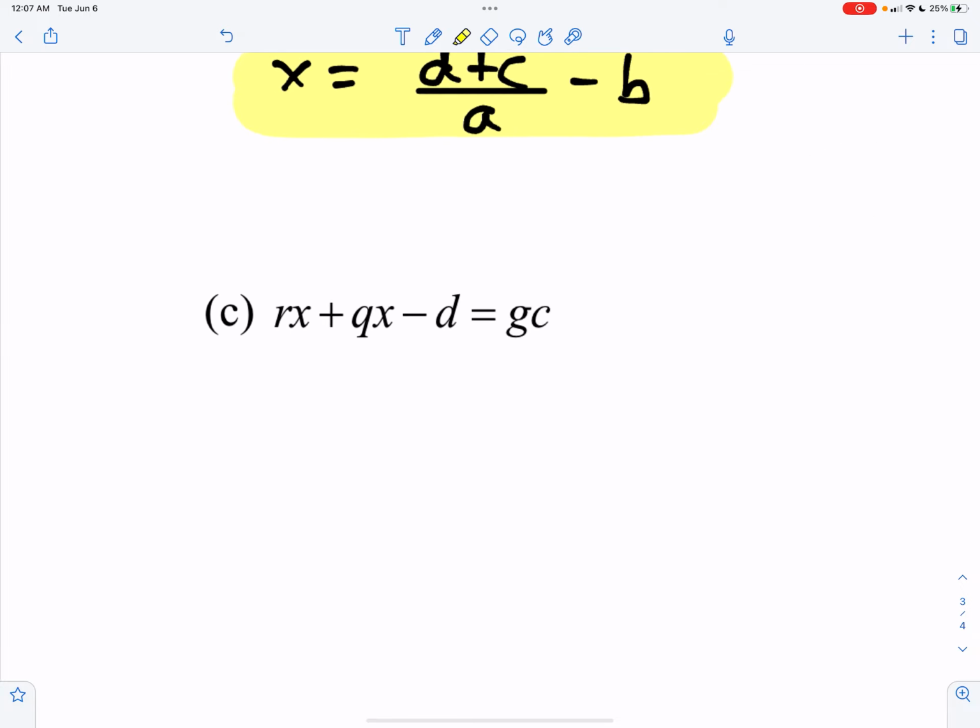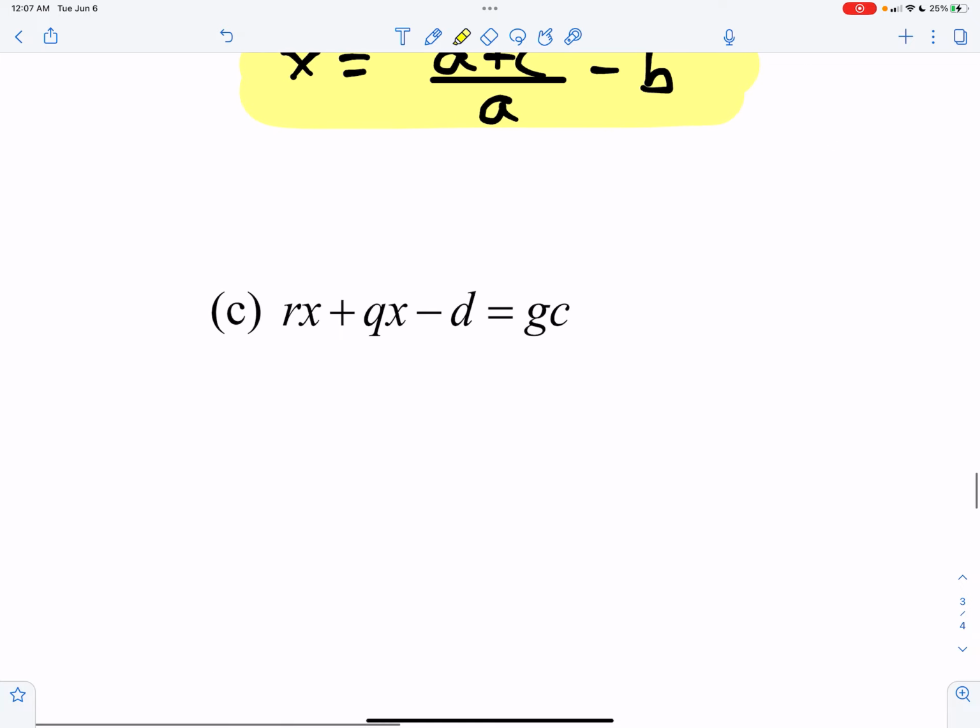Okay, letter E. How do I get x by itself here? All right, so I'm going to show you a little technique called factoring. Okay, that's going to help us out a lot here.